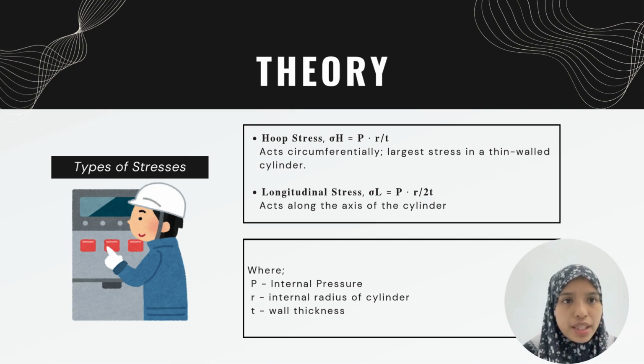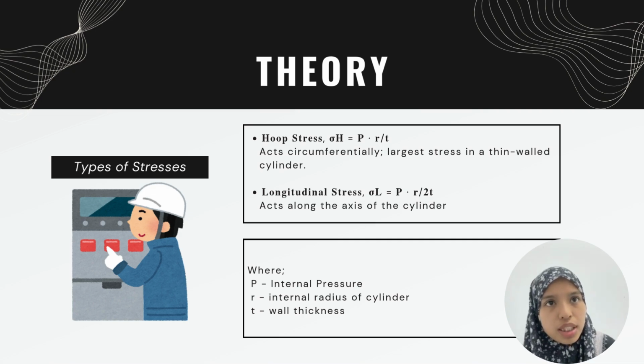There are two main types of thin cylinder stresses: hoop stress, which acts circumferentially around the cylinder wall, and secondly, the longitudinal stress, which acts along the cylinder axis.